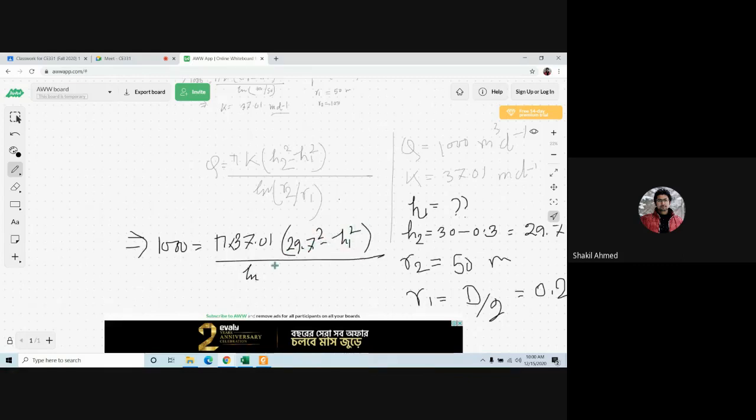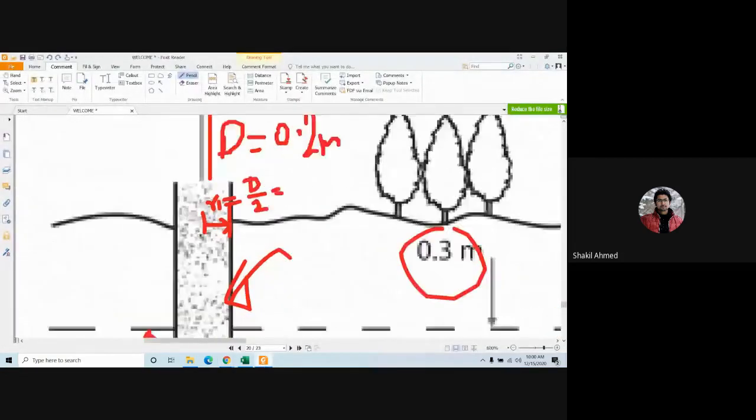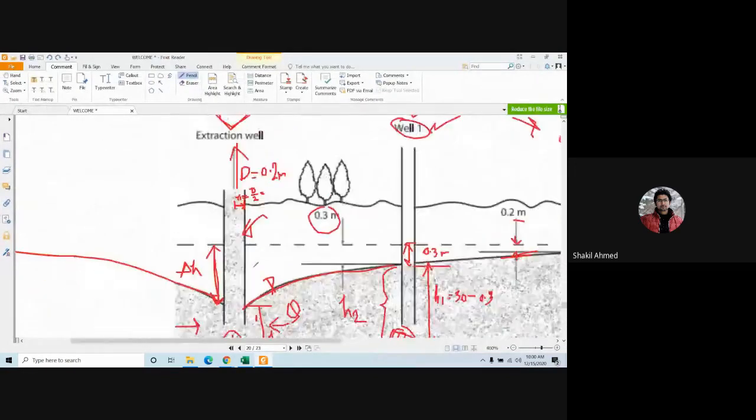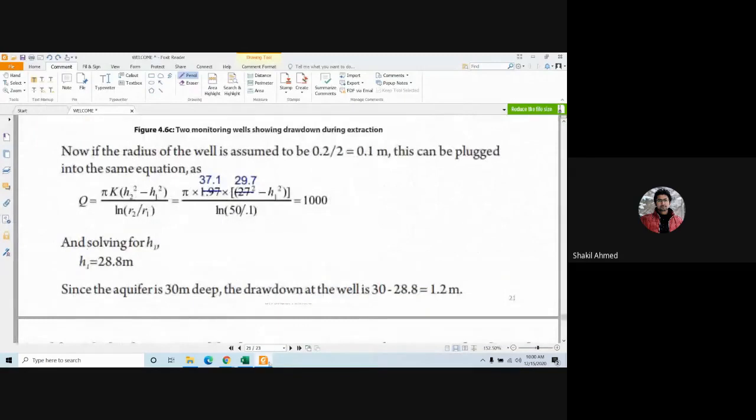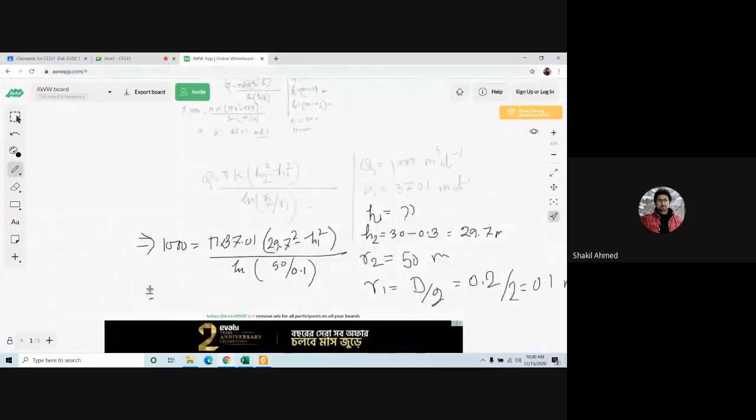Ln of R2 over R1 is 50 divided by 0.1. If you calculate this, you'll get the value. Can you please calculate it? So basically this is the equation. From here you will get H1 equals 28.8 meter.